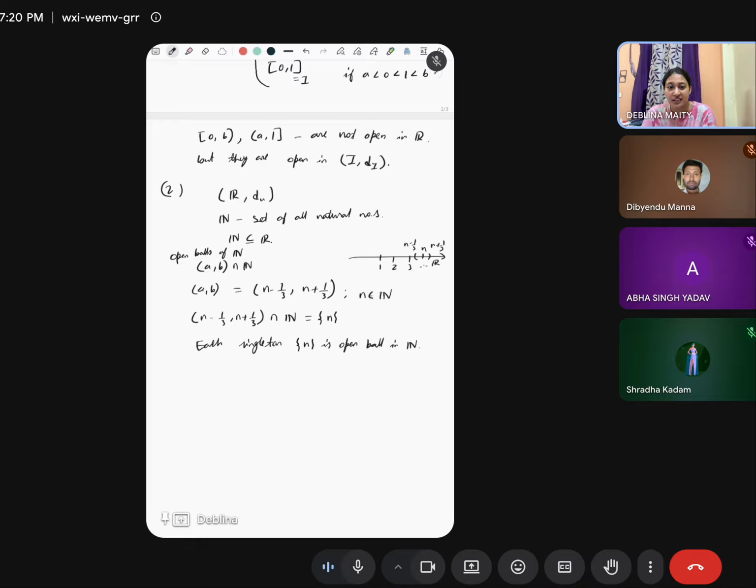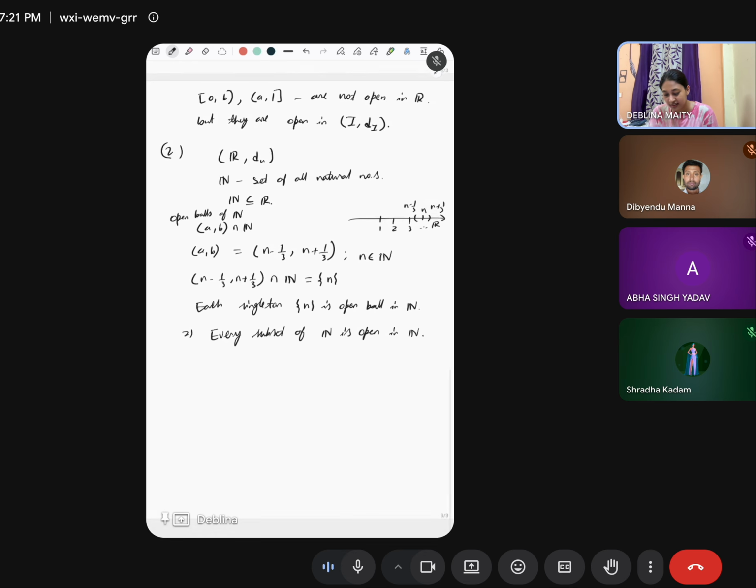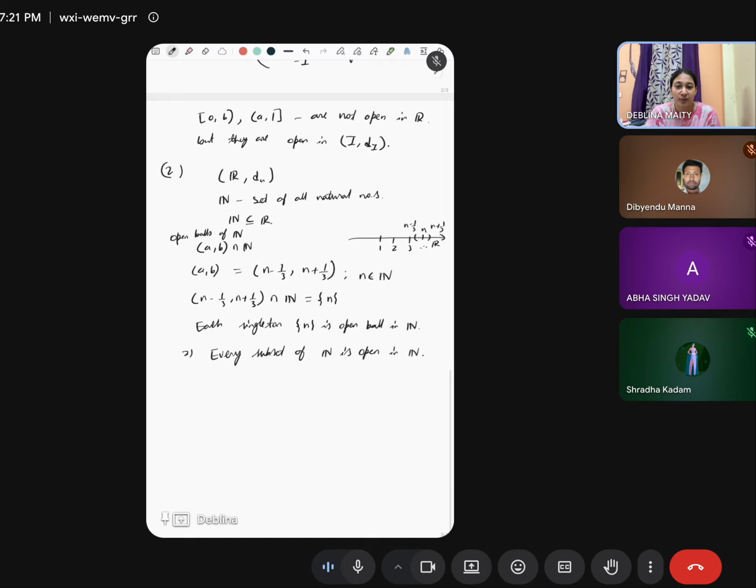Because every subset is the union of these singletons, and an arbitrary union of open balls is open. So every subset of N is open in N, right? And the same thing happens for Z, the set of all integers, right?